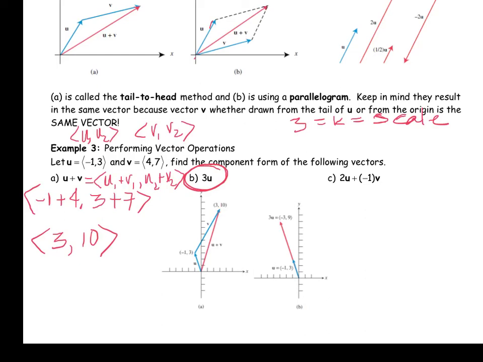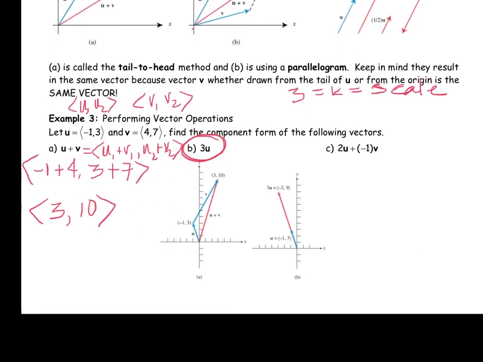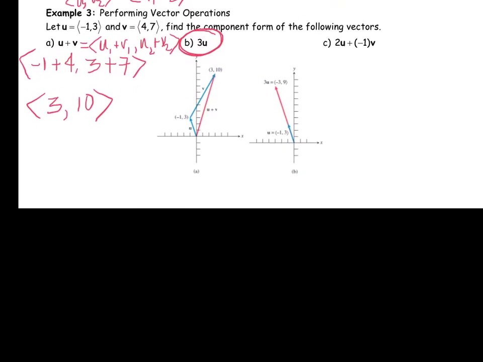I'm going to take this U and make it 3 times as big. So I'm going to move the operation down a little bit so I can see it. The operation is 3 times bold U, so I'm taking my vector U and making it 3 times bigger.